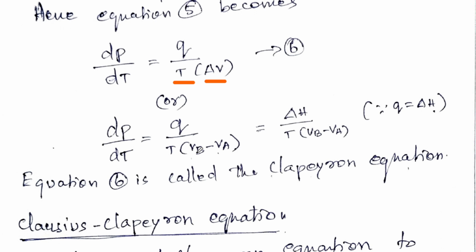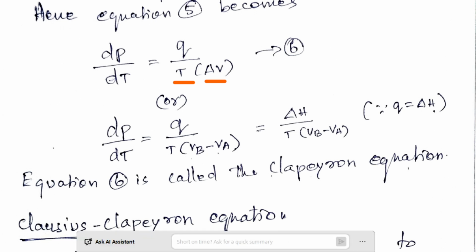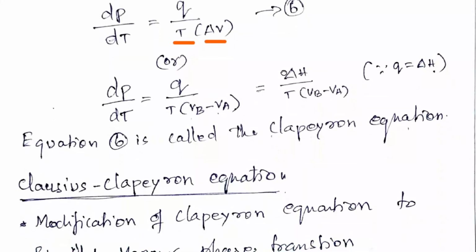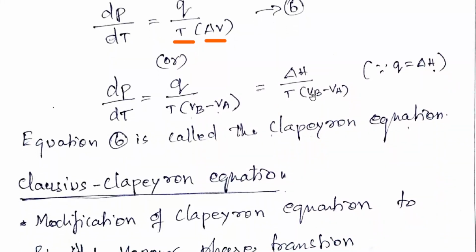And this Q, the amount of heat absorbed, can also be equated to the enthalpy change that has taken place in the system, and therefore I can also modify this equation into delta H by T into VB minus VA.